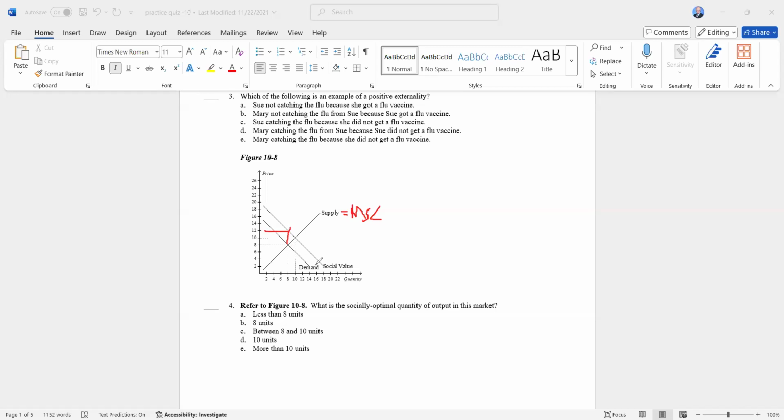Could ask you the market, and if this is MPB, here is the market, so the market would be 8 and 8. Again, you need a subsidy because it's a positive externality. So those are the type of questions I think you could see on that one.